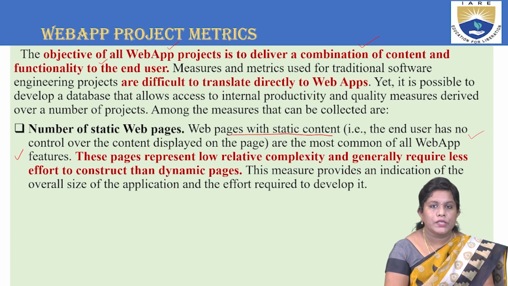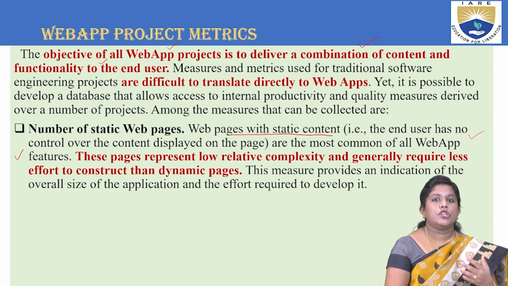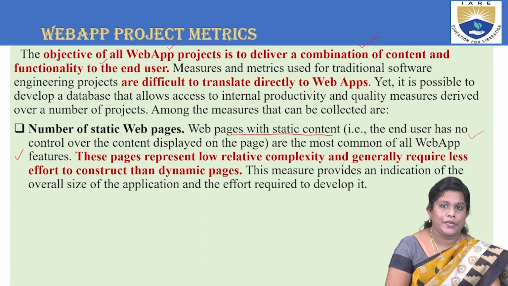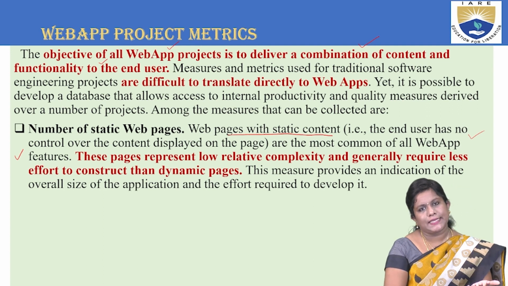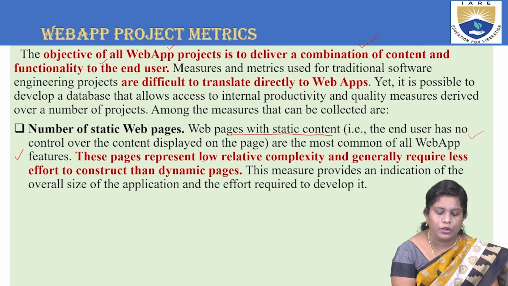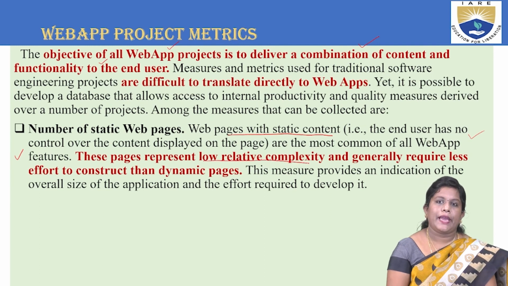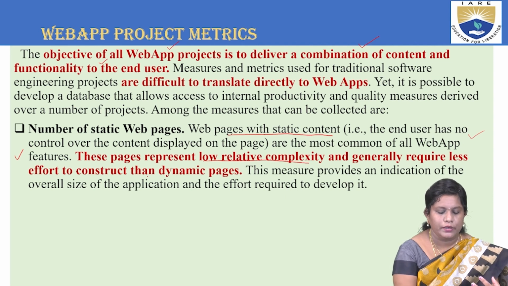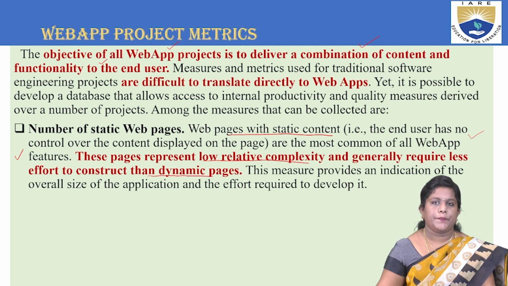Whenever the end user is not able to modify the content displayed on a web page, that particular web page is called a static web page. When he does not have access to modify things, you term it low relative complexity, and generally it has less importance when compared to dynamic web pages, right?